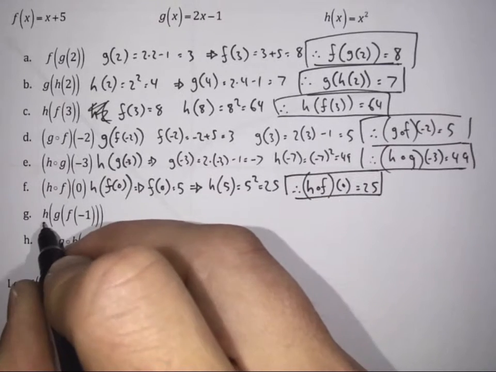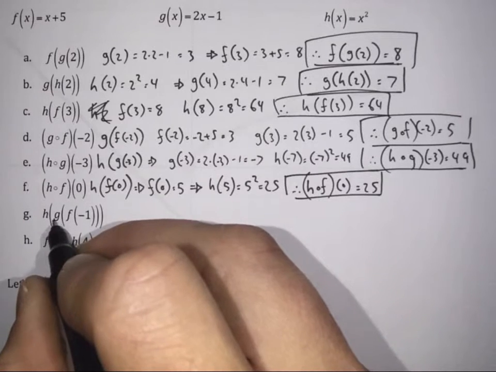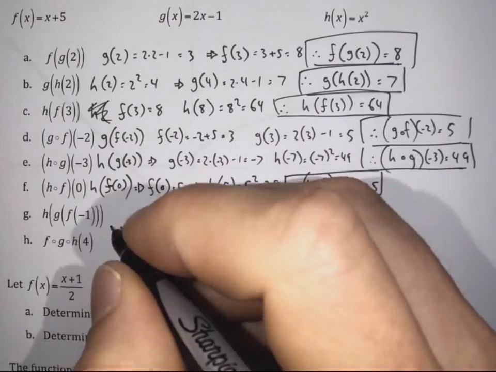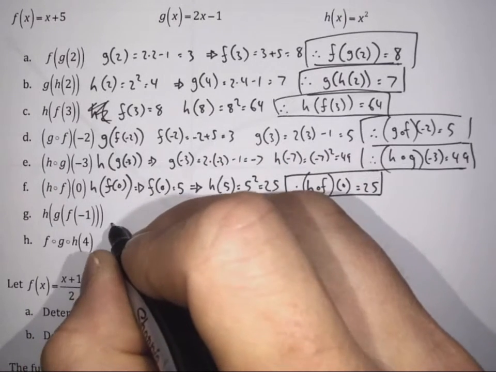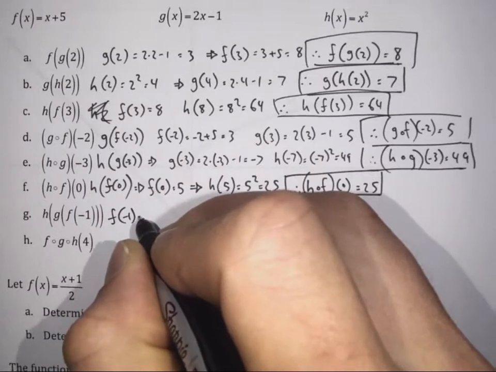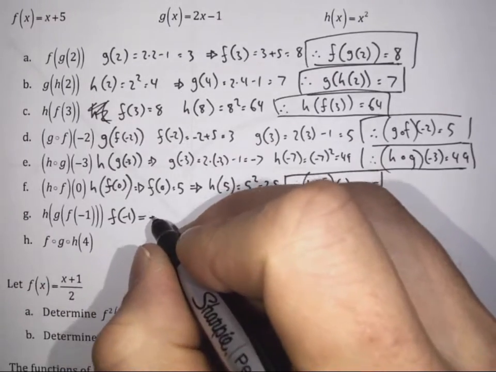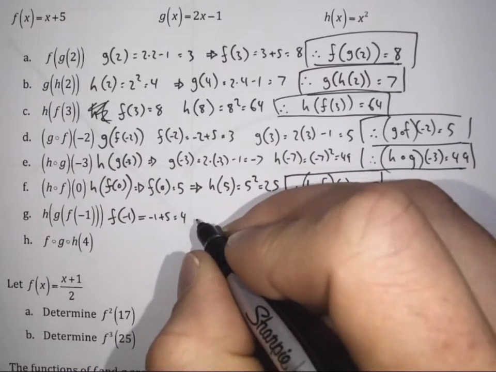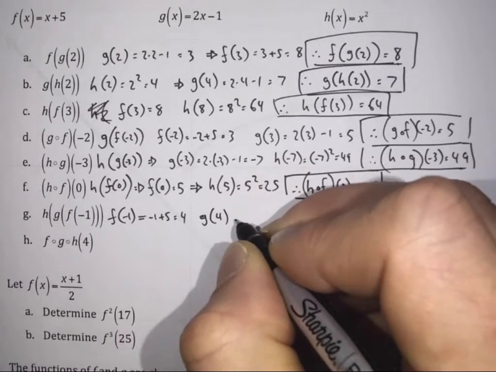All right, now we have a function inside a function inside a function. A bit of functionception. All right, so again, first I think it's helpful to write it out. Oh, sorry, it's already written this way. First I'll find out what f of negative 1 is. That is negative 1 plus 5, which is 4. So that'll work from the inside out. So it's g of 4.